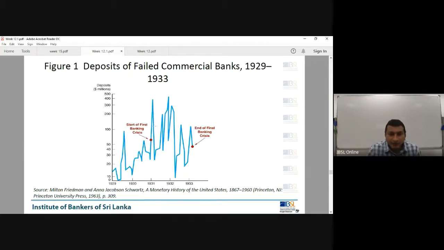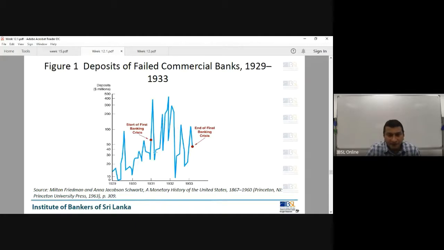The deposits basically go from close to 400 plus levels, crashing down to the mid-20s. Millions of dollars were very big in the 1930s. Then it started building up. The market gets confidence to invest back in financial intermediaries.